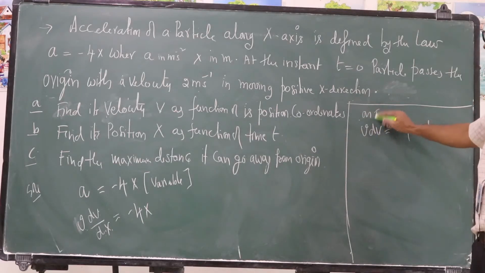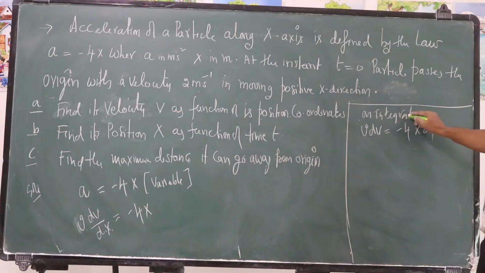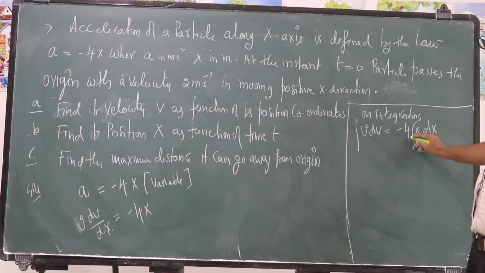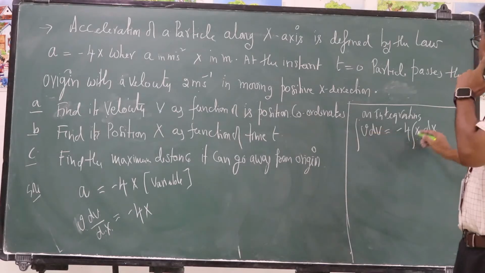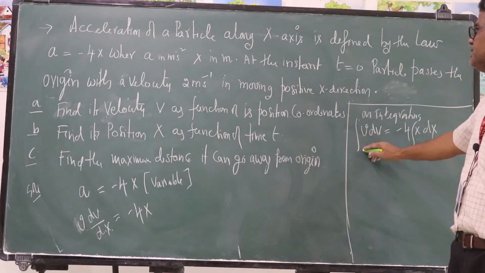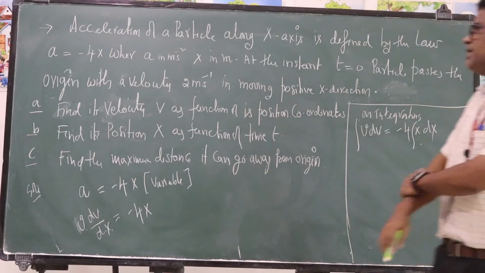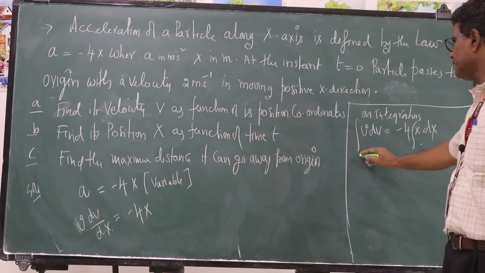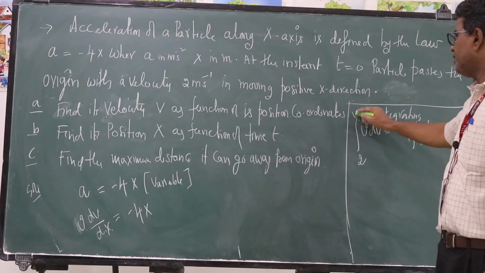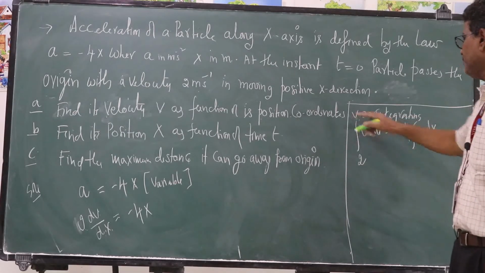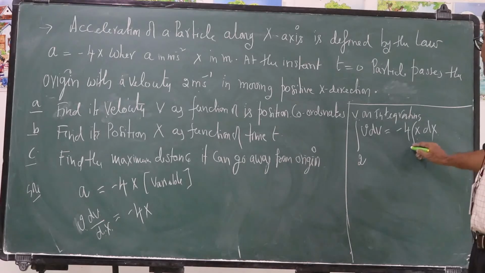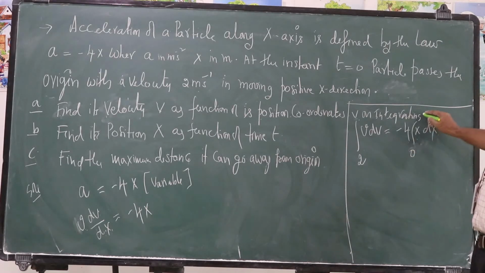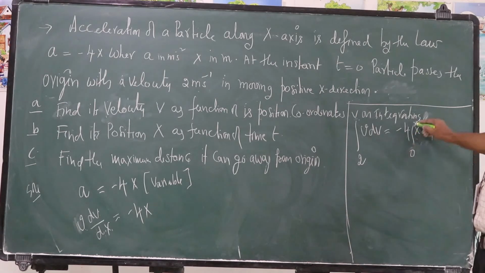On integrating, integral v dv is equal to integral minus 4x dx. Now the limits: at the instant t is equal to 0 it passes the origin with velocity 2, so the initial velocity is 2 and the final velocity is v. The origin is x equal to 0, then its position is x, so the limits are 0 to x.